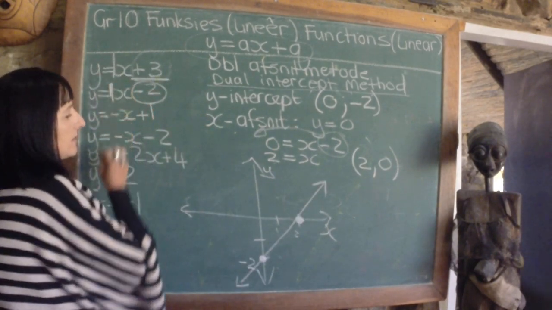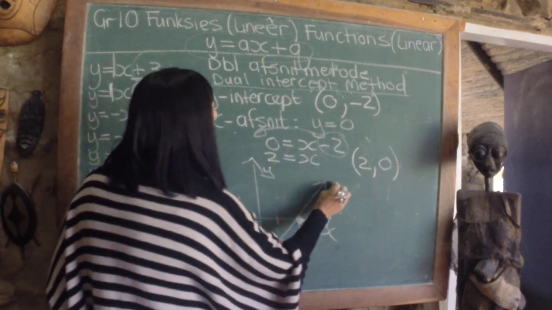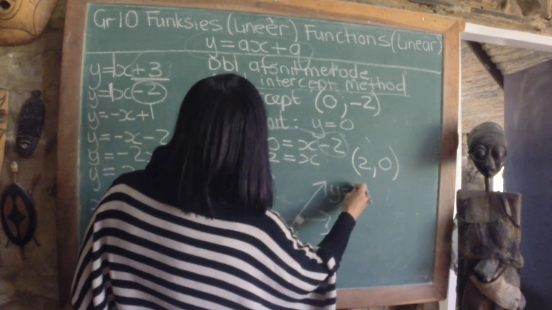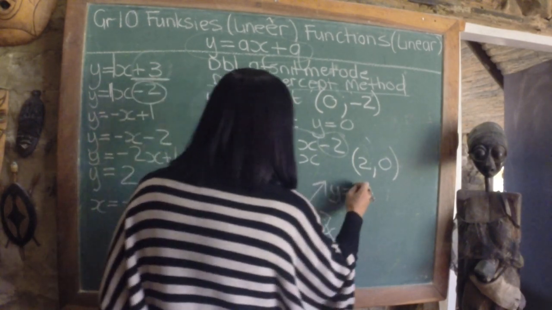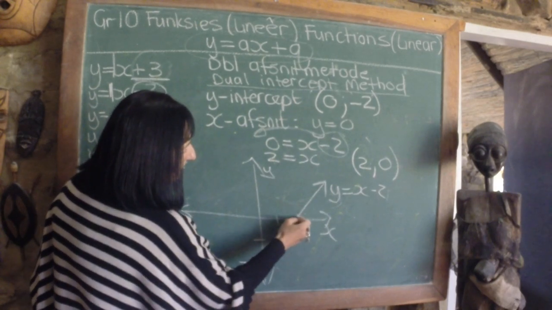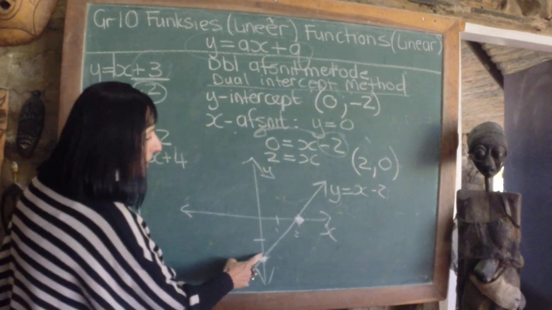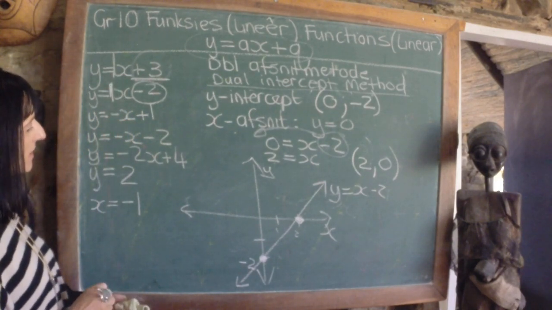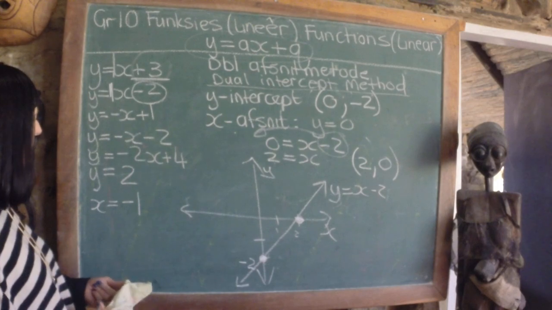Want die gradiënt is weer 1 en ek skryf die naam van my lyn netjies op my lyn and make sure that you've calibrated the axis good so that you can read these points from the axis en dan het jy 'n mooi reguitlyn funksie geteken.